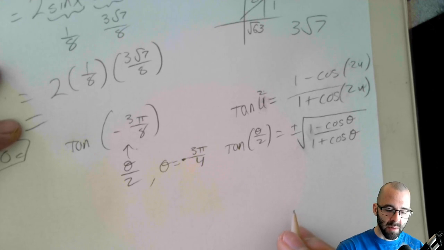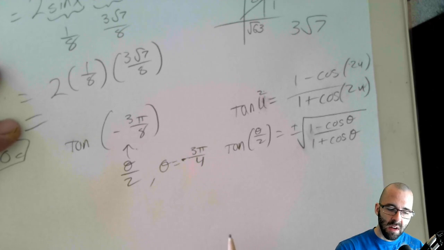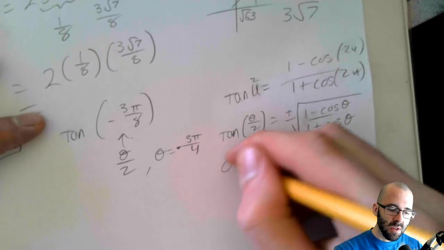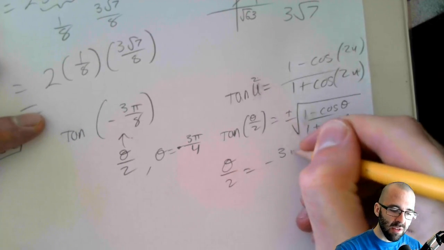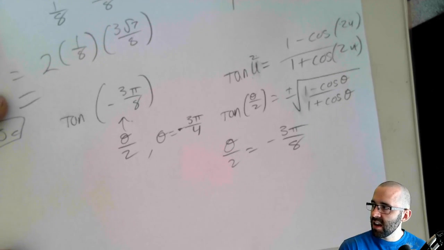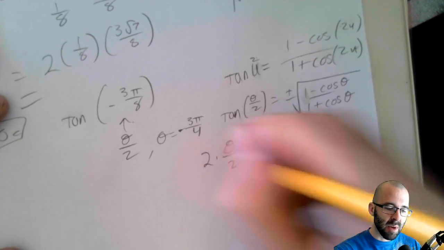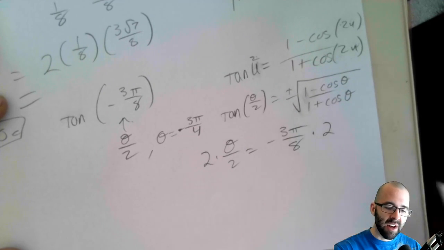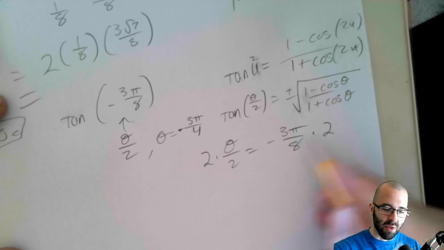And we can use that formula. Make sure to not go the wrong way, right? If theta over 2 is -3 pi over 8, how do we solve for theta? We have to multiply both sides by 2. And that's how you can find out what theta is, and that's how you get to -3 pi over 4.